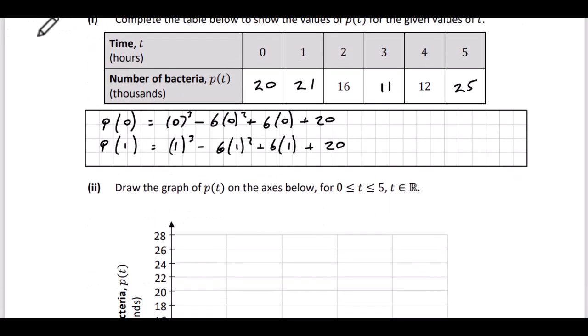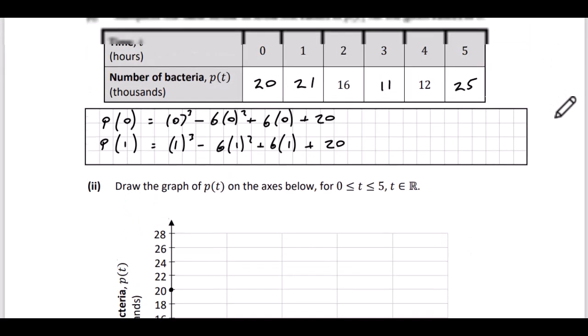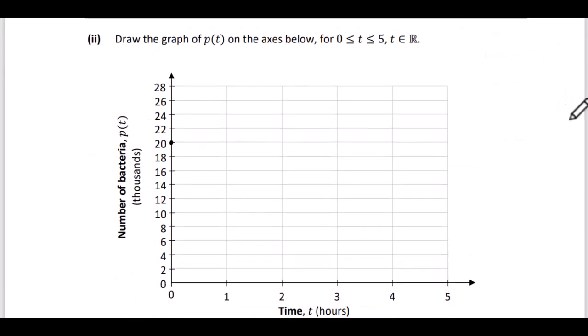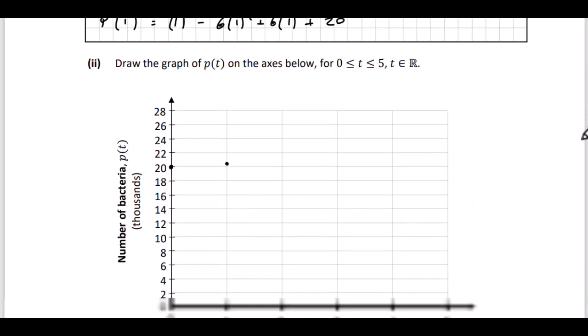We have to draw this, I presume. Yeah, so you just got to put in these values here. So we've got to put in 0, 20. So 0 on the x-axis, 20 on the y-axis is here. We've then got to do 1, 21. So 1 is here, 21 is approximately here, just slightly higher. And then 2 is 16.